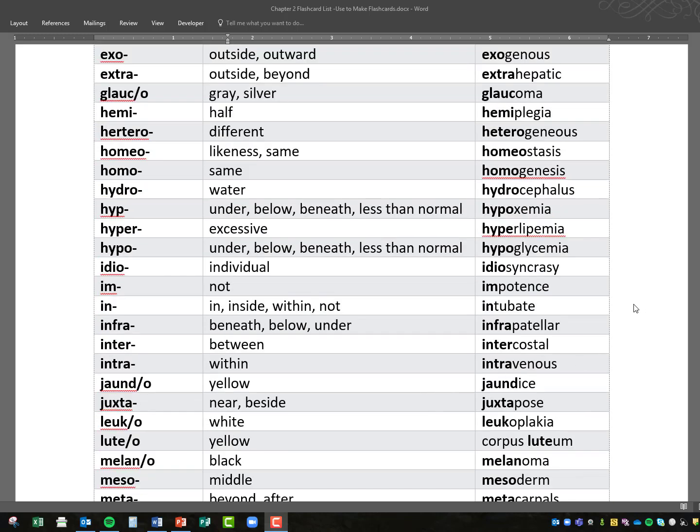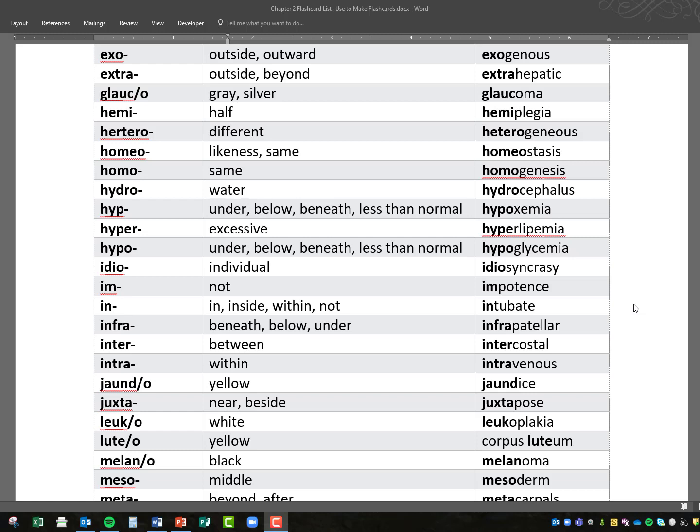I've had people use that to link it with beneath, below, under. Inter is between. I had someone say that they enter between the doorway. I don't know if that helps. I like to use word association because I feel like building on words that you already know is going to help you learn new words. Word association is so key in medical terminology.